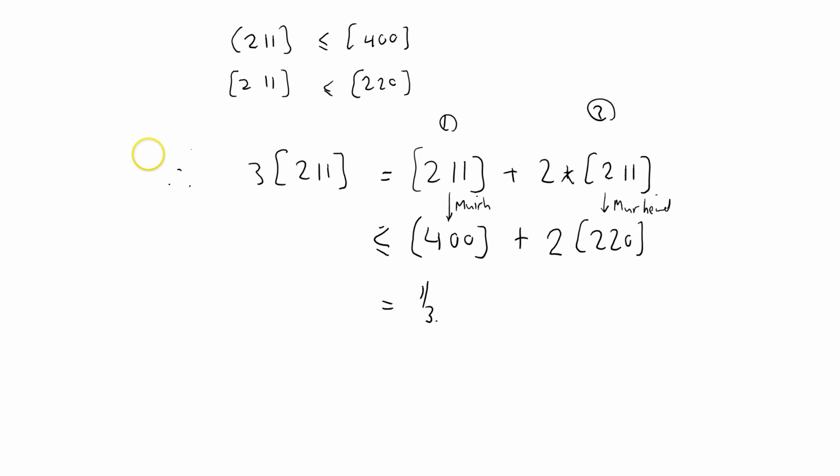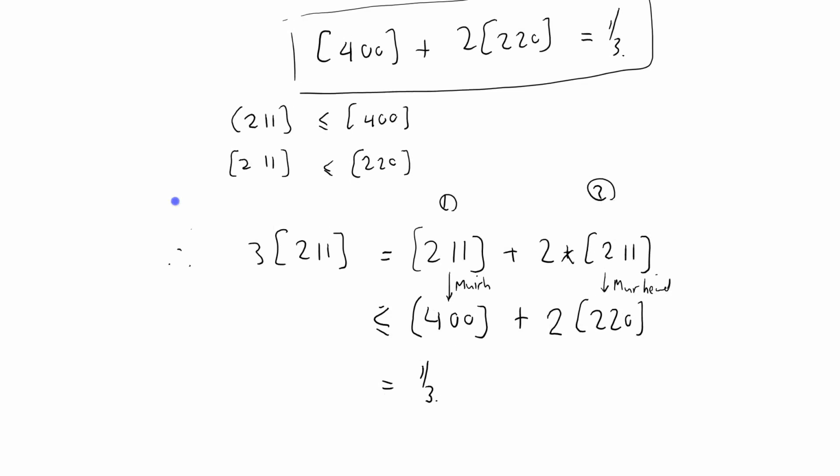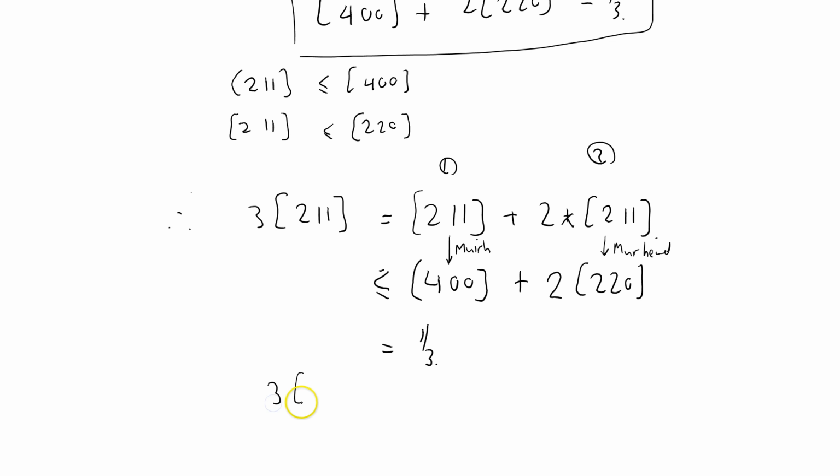Why is it equal to a third? That's because we spent all that time working with the condition to give us that. Okay, so that says that 3, 2, 1, 1 is less than or equal to 1/3, which is what we tried to prove.